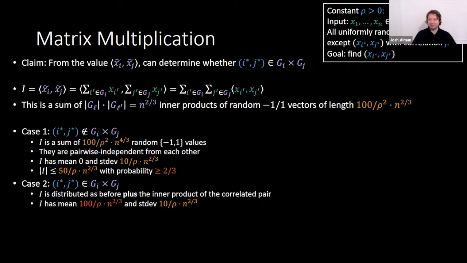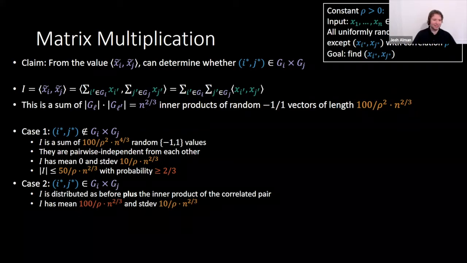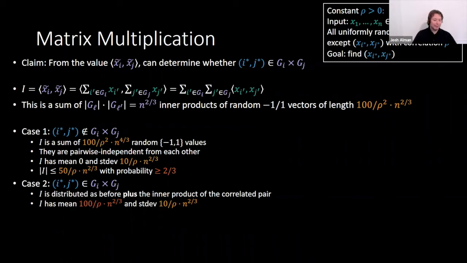Since they have correlation rho, their inner product is rho times the dimension. The dimension is 100 over rho squared times n^(2/3), so the mean is that times rho, which is 100 over rho times n^(2/3). So by Chebyshev's inequality again, this inner product is going to be bigger than 50 over rho times n^(2/3) with good probability.